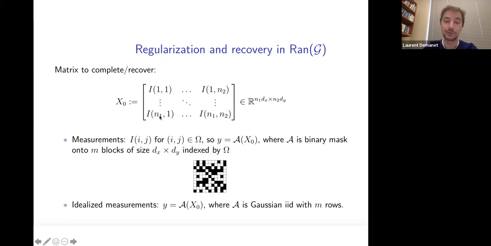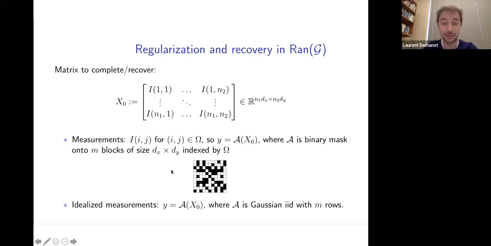So it's a very, very large matrix. And the measurements are going to be some of those blocks, those ij blocks for ij in some set omega. So the measurements are going to be the script A applied to this X naught. And here script A is just going to be the binary mask onto the blocks that we see. That's going to be the measurements. And then Y is the concatenation of all these blocks that we observe.